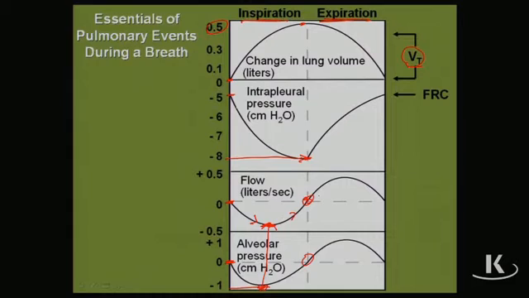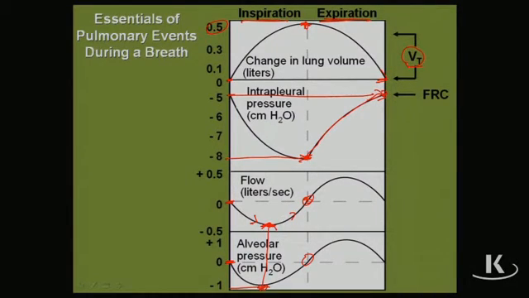In expiration, we are starting with a volume of 500 mils, and at the end of expiration, we go back to 0 tidal volume. Intrapleural pressure at the beginning of expiration is -8 and then reverts back to -5.